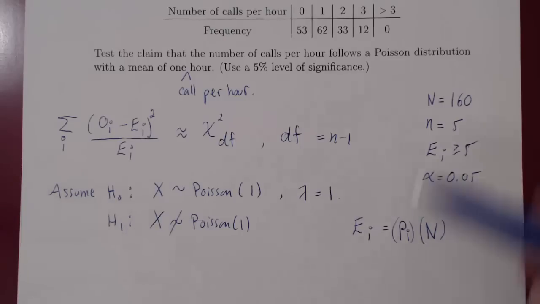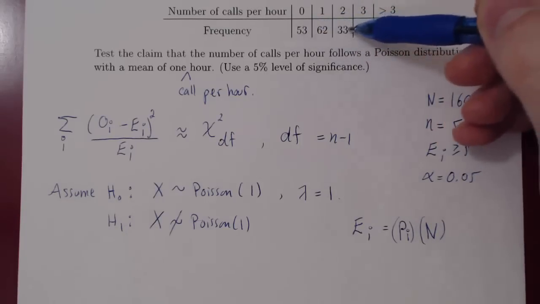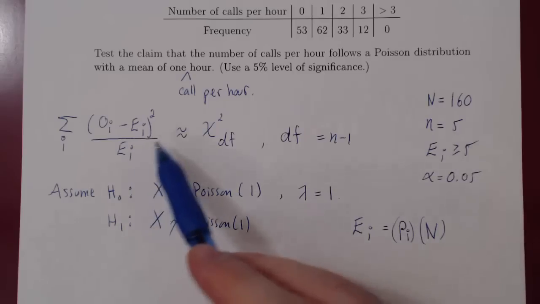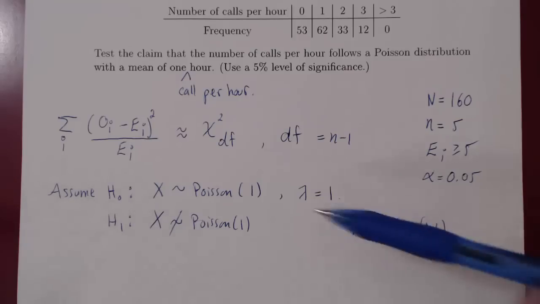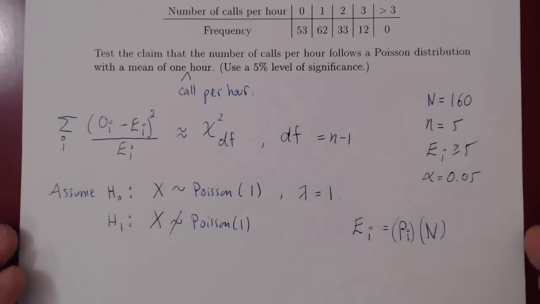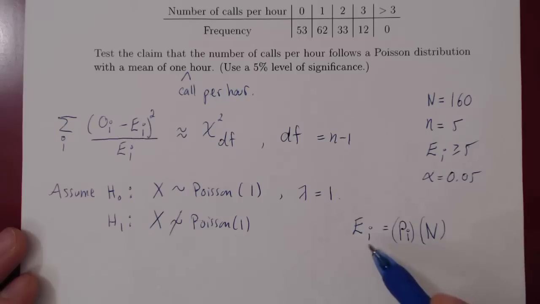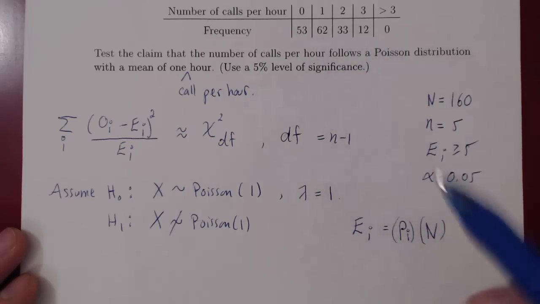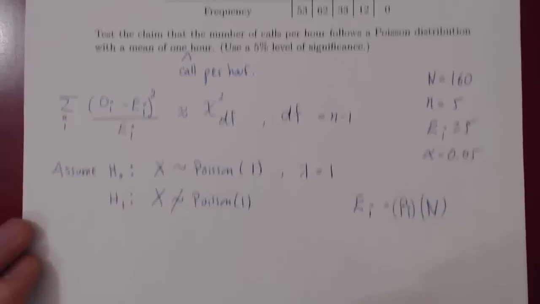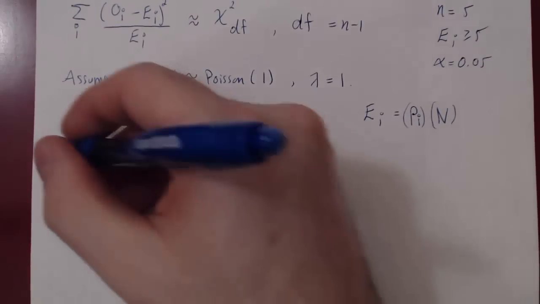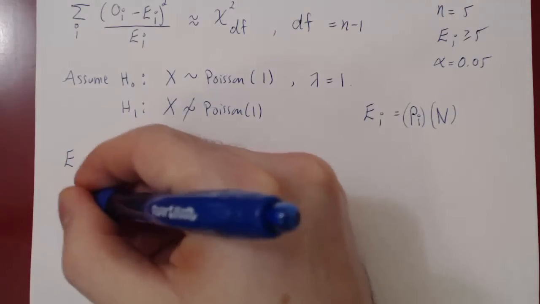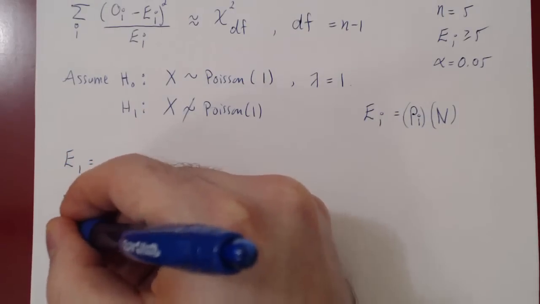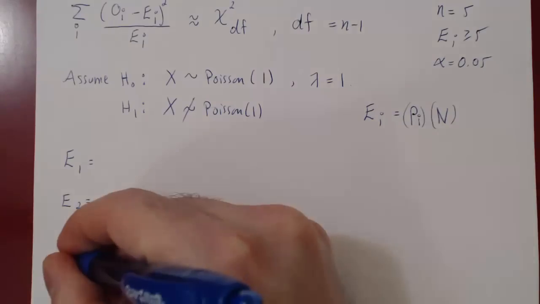So all we need are the values of E1, E2, E3, E4, and E5. Then we will find our observed value of chi-squared, and with the help of the rejection region, decide if we accept or reject h0. So let's compute these 5 values: E1, E2, E3, E4, and E5.